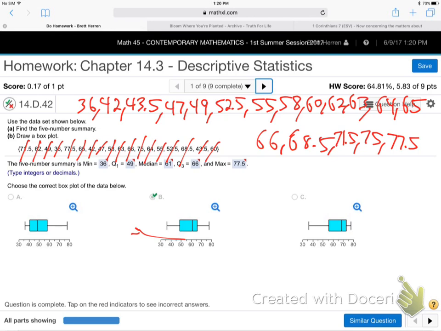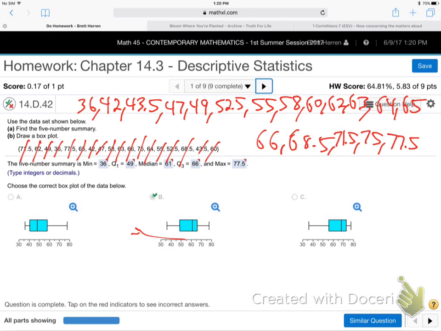So 36, 42, I'm going to put them in order. 36, 42, 43.5, 47, 49, 52.5, 55, 58, 60, 62, 63, 64, 65, 66, 68.5, 71.5, 75, and 77.5. Okay, so there they are.